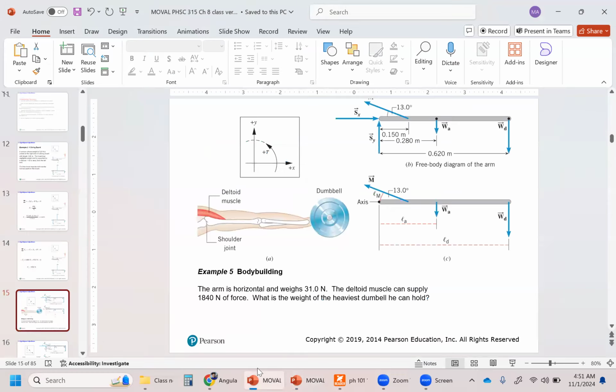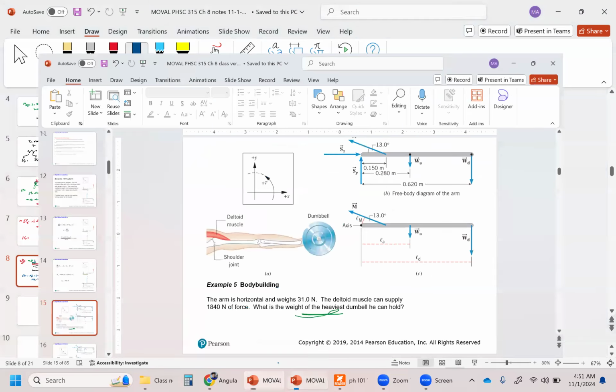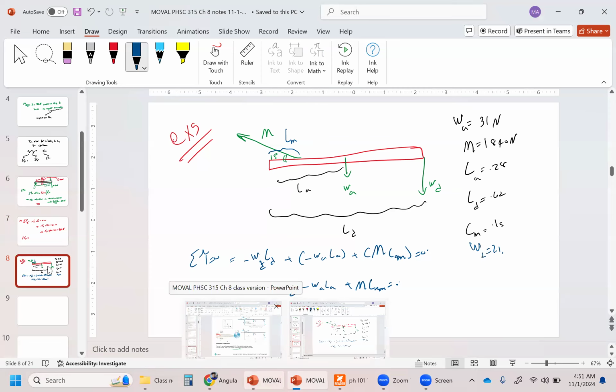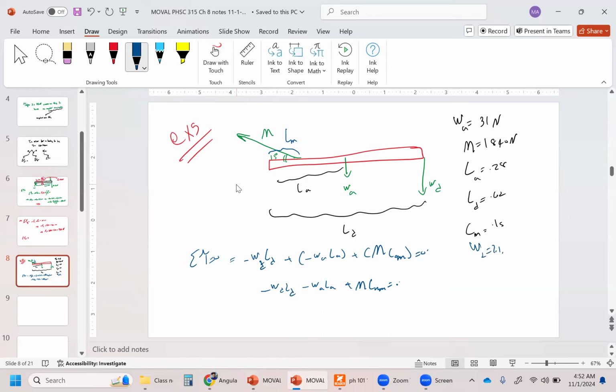So WD is going to be our question mark over here. So we set up the equation: minus WD times LD, which is 0.62, minus the weight of the arm, which is 31, times the length of the arm, which is 0.28, plus your mass, which is 1840.